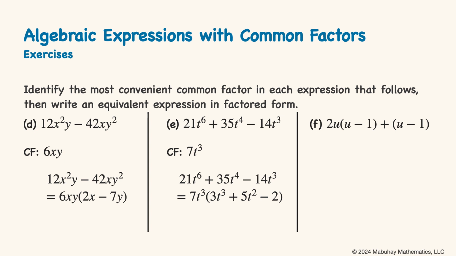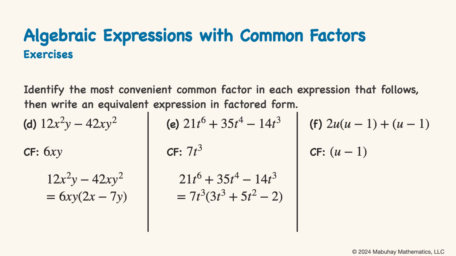So we sort of want to look at this as just being a two-term expression. The first term is 2u times the quantity u minus 1. And the second term is the quantity u minus 1. And if we think about it that way, we can identify u minus 1 as its own factor, and indeed a common factor.